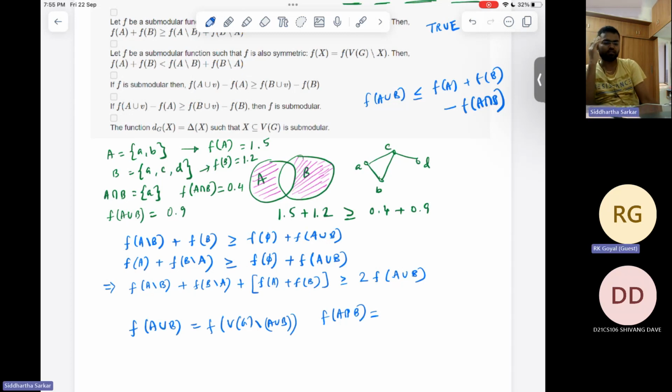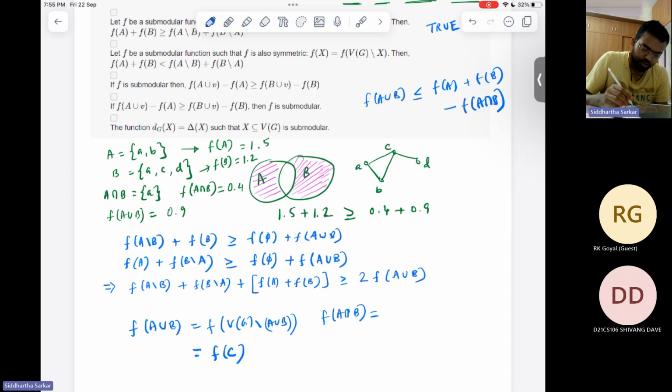Let us say Vg minus a and b is denoted by c. So everything that is not in a and b is c. Now f of a intersection b is f of c union b minus a union a minus b.